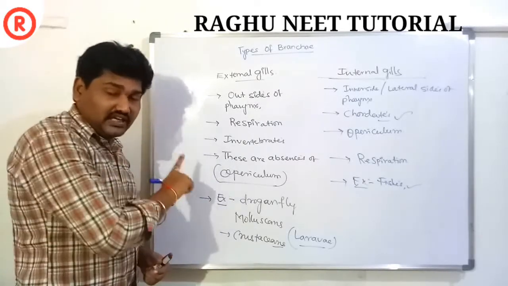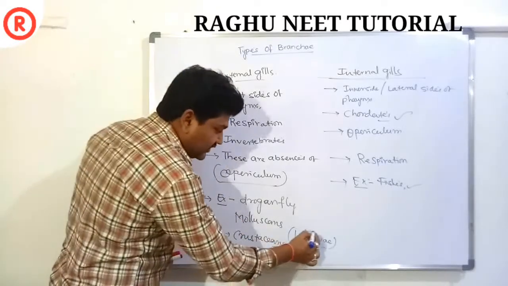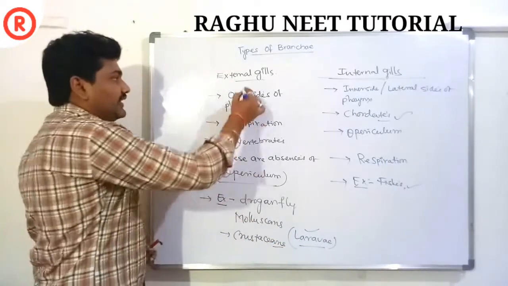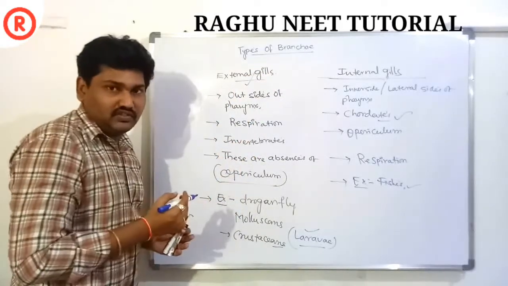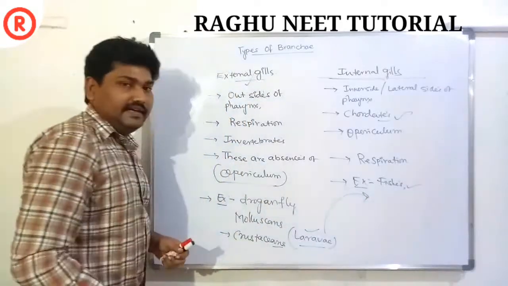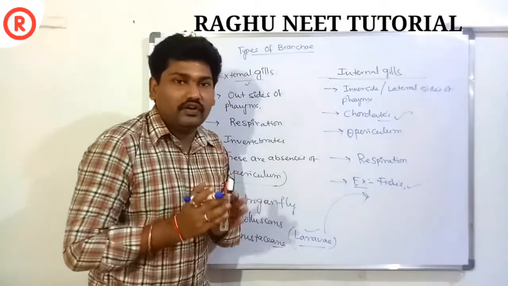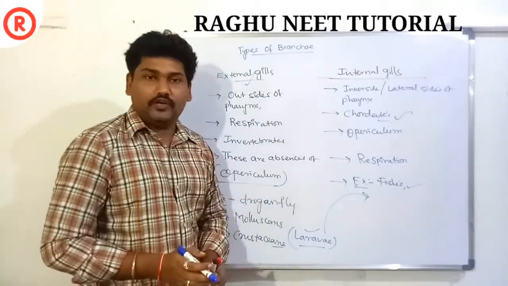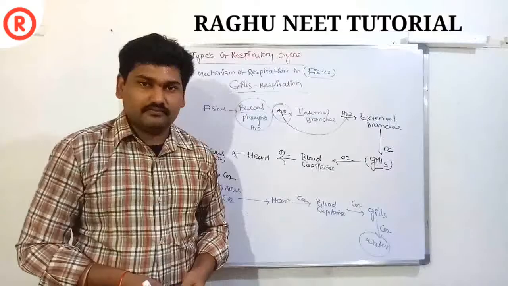The gills are arranged on the outside of the body, on the first pair of appendages, so these show external gill respiration. After metamorphosis, these larvae develop into highly developed individuals, the fish larva develops into an adult fish, when the gills are completely covered by the operculum. So this is the information about external and internal gills. Thank you.